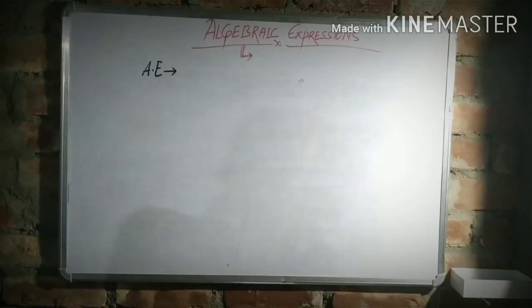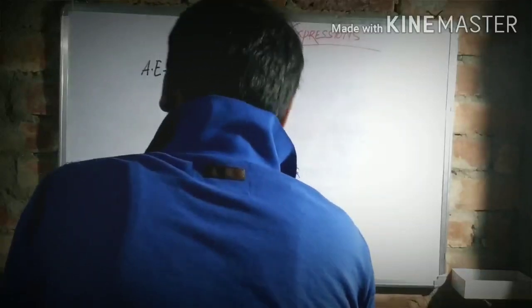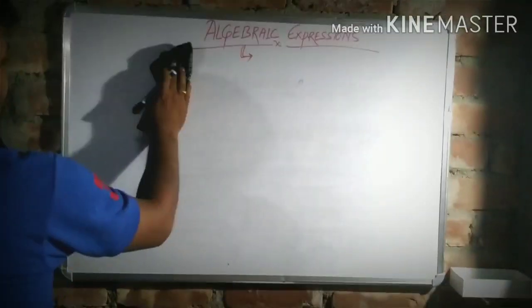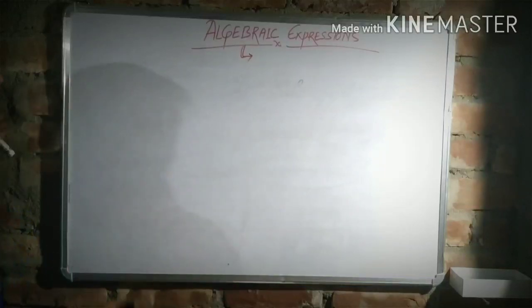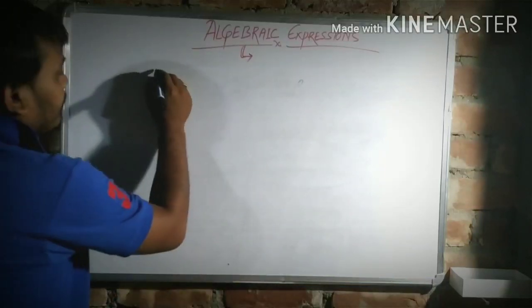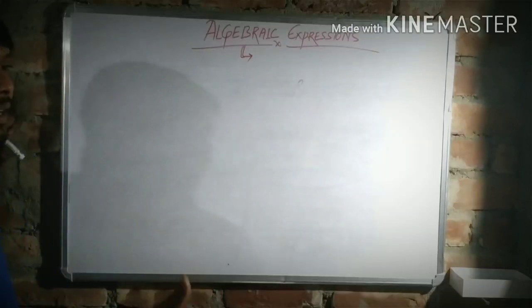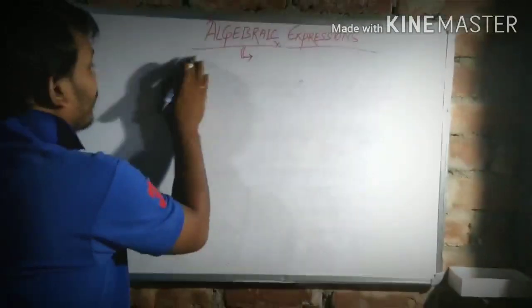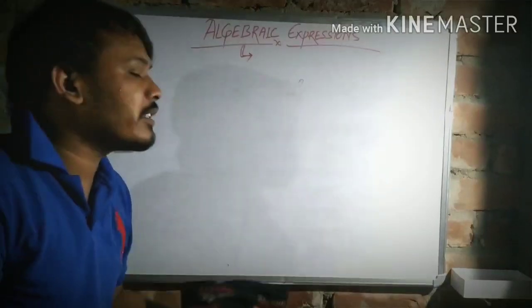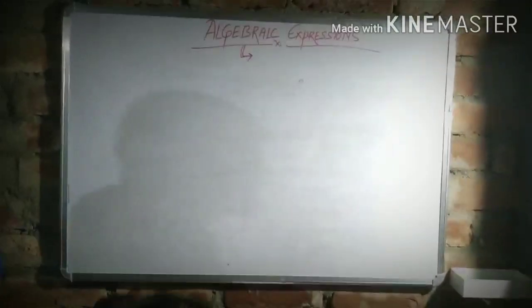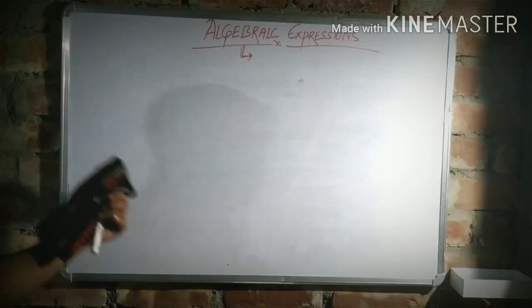But first I will give an example of variables. Example, x, y, z. Now I write two different situations, and the value of x varies according to the situation.